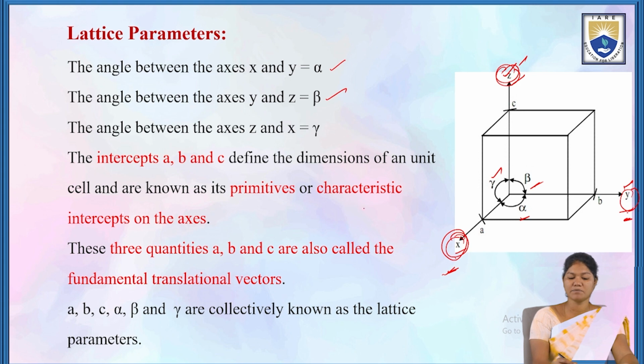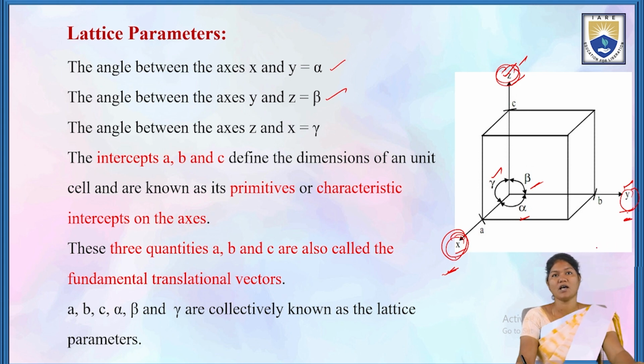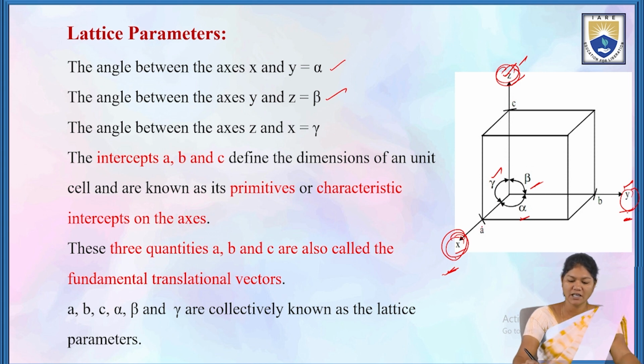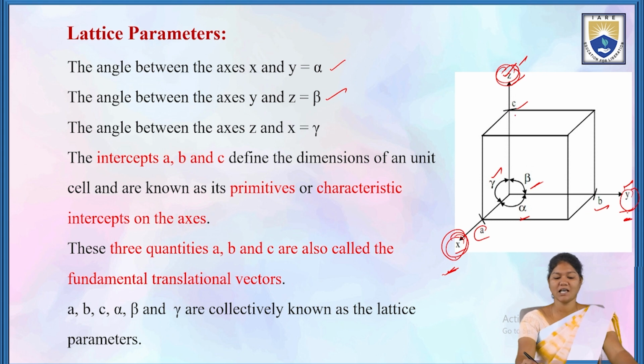So the intercepts A, B, C define the dimensions of a unit cell and are known as its primitives or characteristic intercepts on the axes. So the intercepts A, B, C define the dimensions of the unit cell.